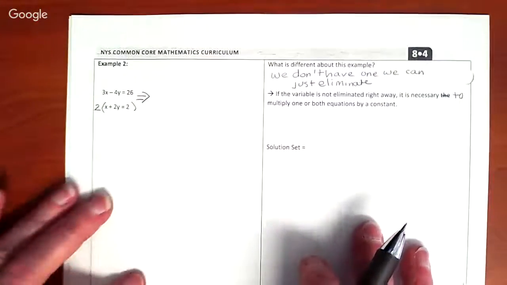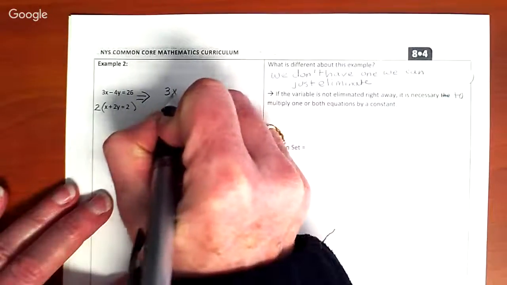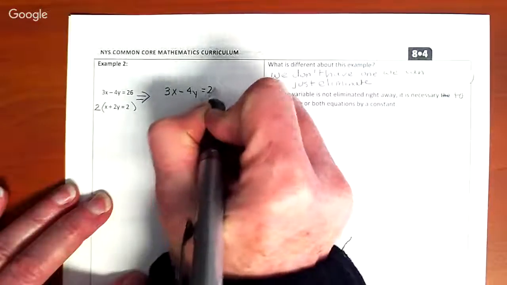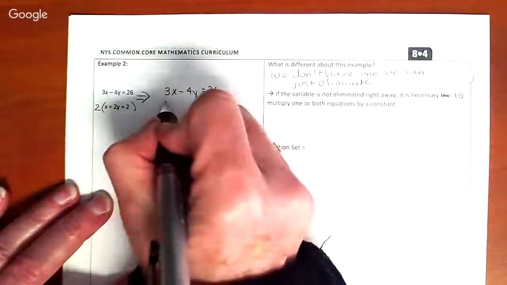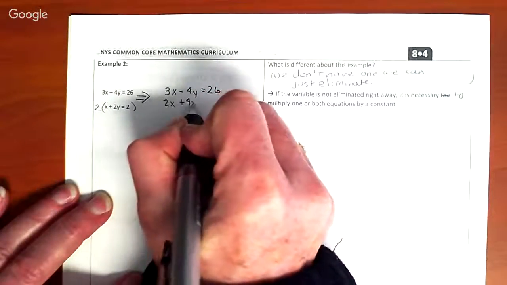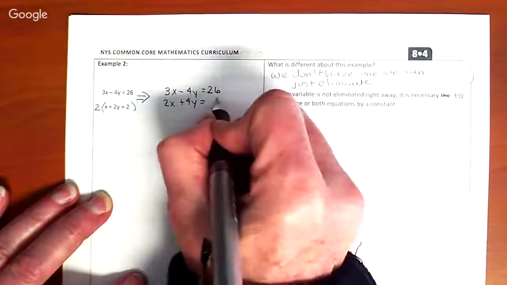And here's how we do that. We have 3x minus 4y equals 26. When I multiply the entire second equation by 2, I will have 2x plus 4y, which means the y terms will be eliminated, equaling 4.